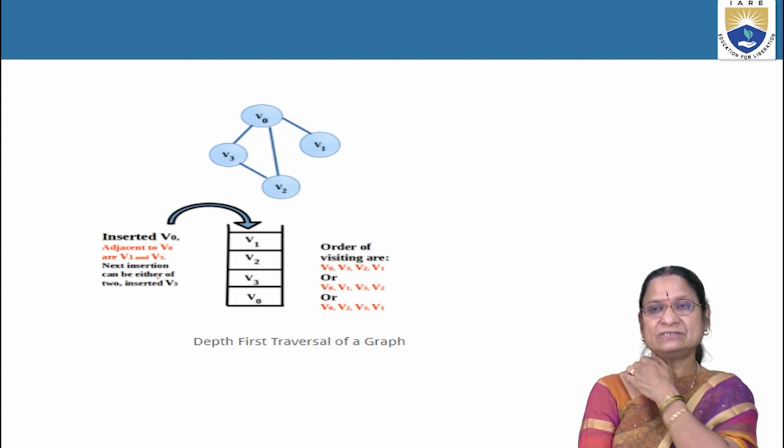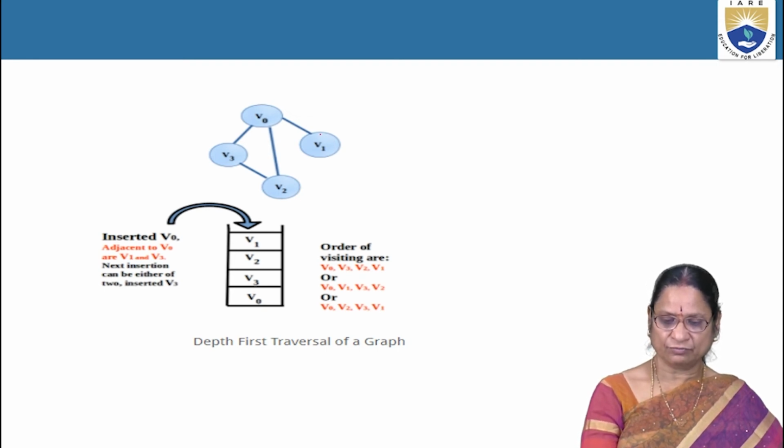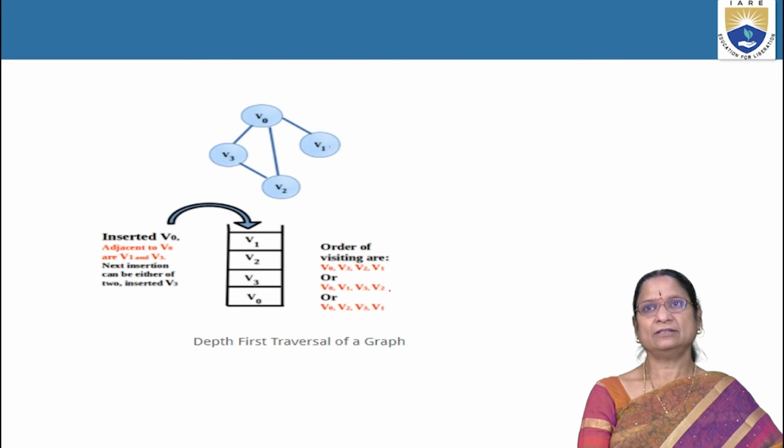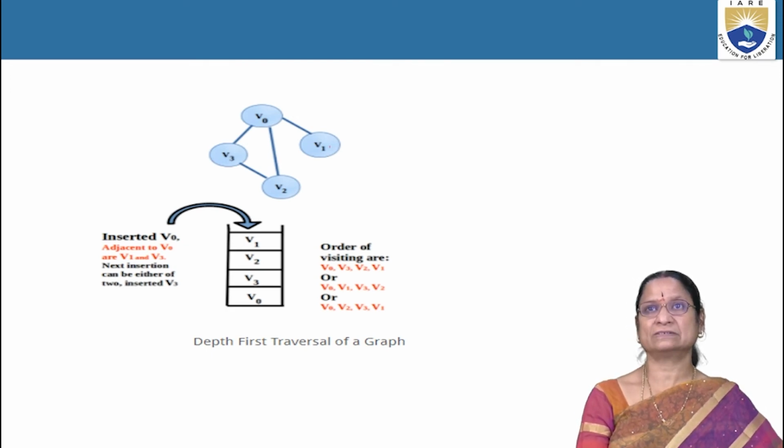So the order of visiting vertices may be V0, V1, V2, or V0, V1, then V2, V3, or V0, V3, V2, then V1, or V0, V2, V3, V1. That means the order need not be the same, remember all of us.